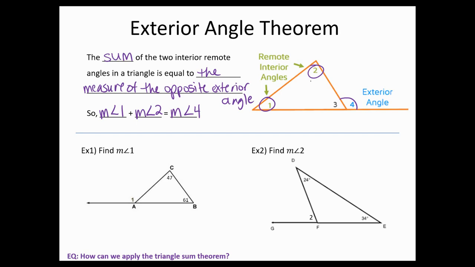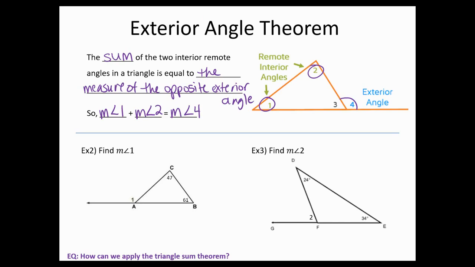The 2 angles inside your triangle but far away are called remote interior angles, because interior means inside, remote means far away. Those are equal to the outside angle, the exterior angle. Okay, so example 2.